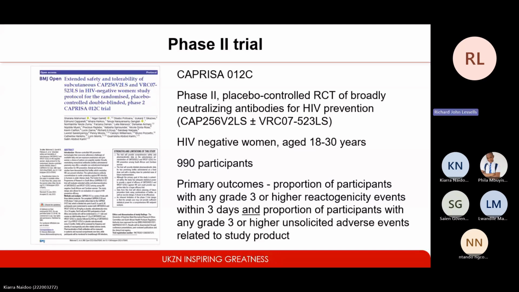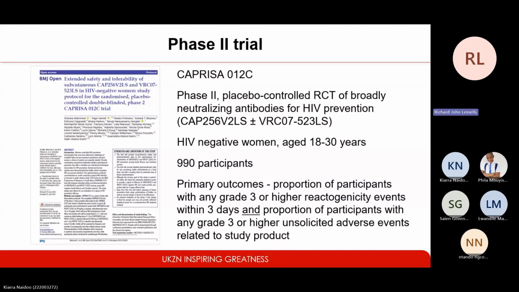So you get a sense that as you move through clinical trial phases, your study populations get quite a bit bigger. And it depends on the outcome that you're looking at and how common or how rare the outcome is, how big your trial's going to be.